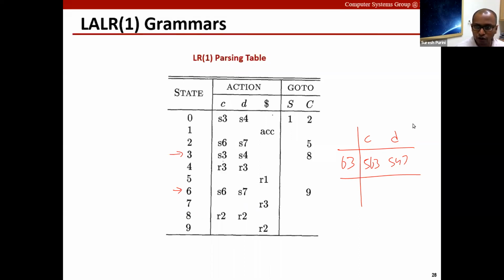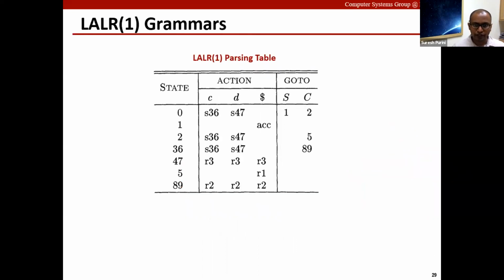And in the goto part, when you see the non-terminal symbol C, you go to state 89, because 8 and 9 are going to be merged. They are equivalent to each other. That's exactly what you are seeing here. So this is the LALR1 parsing table after applying the compaction process.